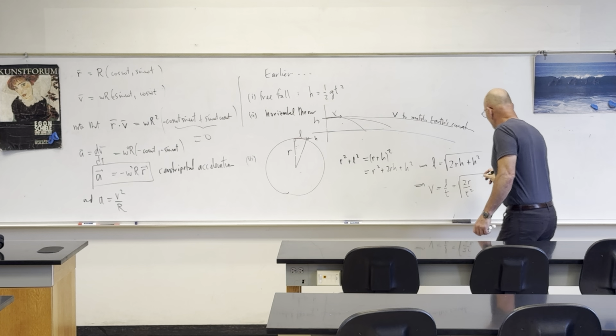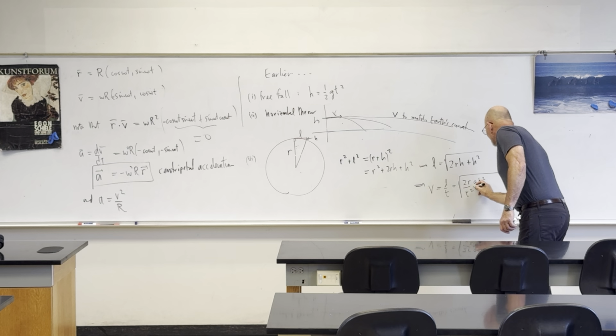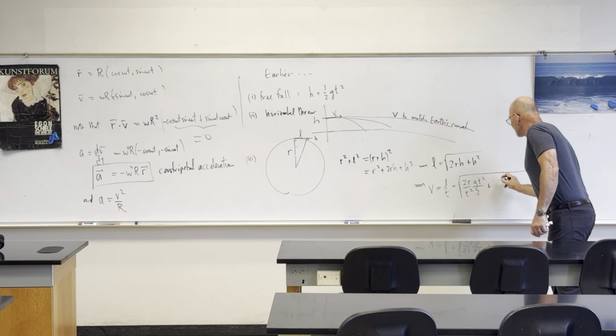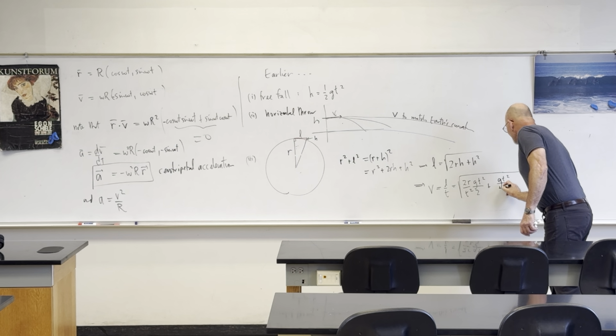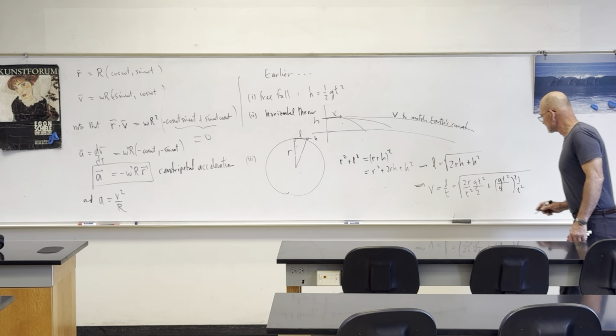The h is going to be gt squared divided by 2. This one is going to be gt squared divided by 2, squared, times 1 over t squared.